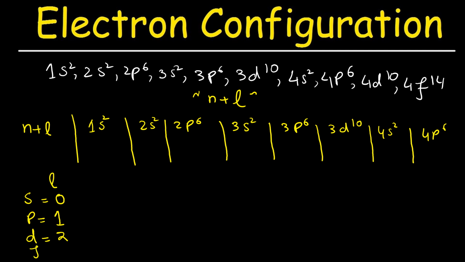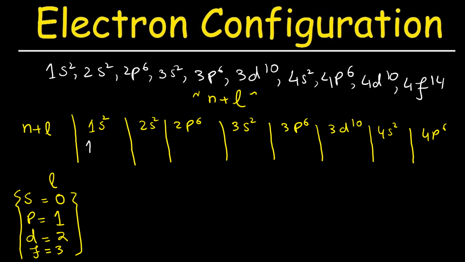And for f subshell, the value of azimuthal quantum number is 3. Whereas 1, 2, 2, 3, 3, 3, 4, and 4 are the values of principal quantum numbers.